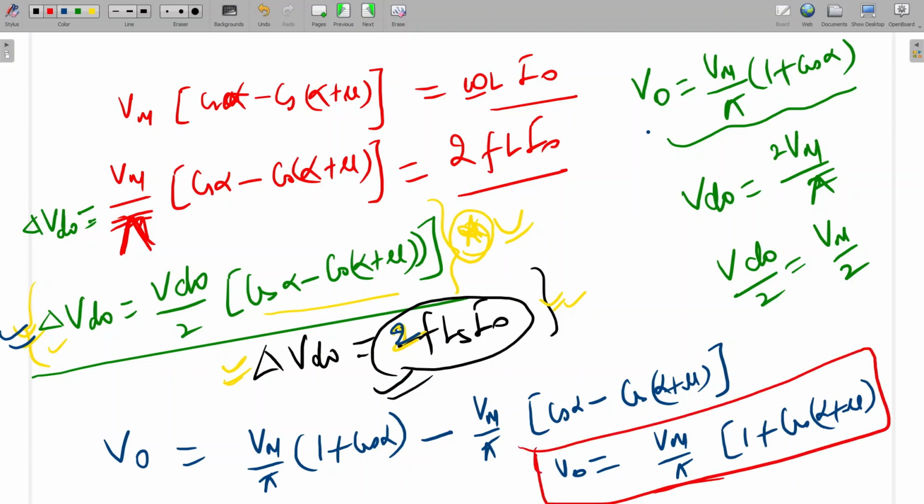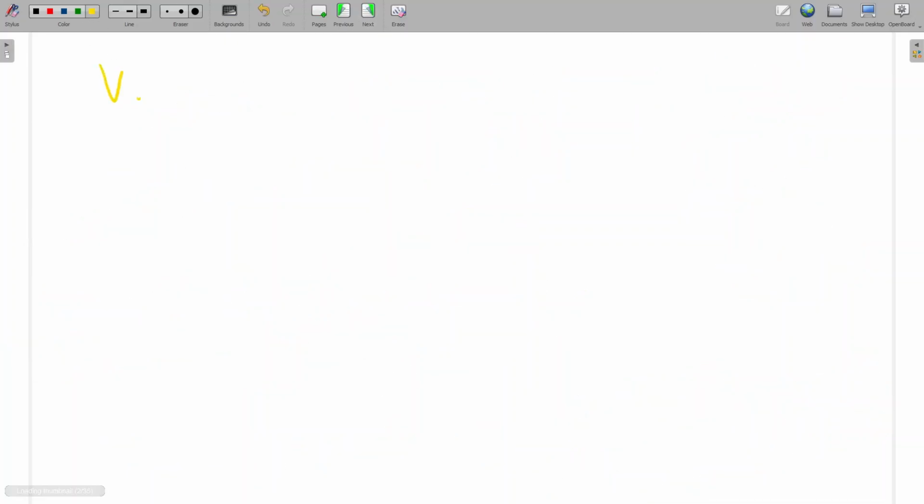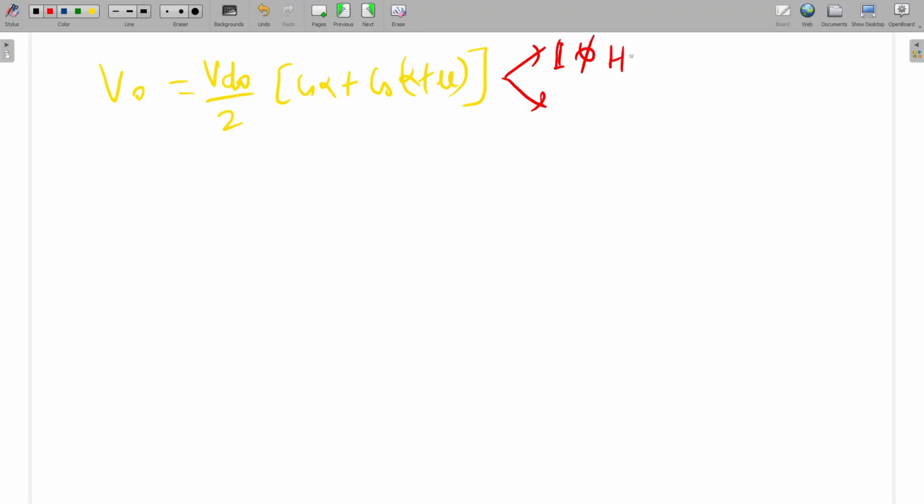To avoid confusion, how can we memorize? We should memorize this formula only. And for the exception, for output voltage, the formula Vo equal to Vd0 upon 2 into 1 plus cos alpha plus mu is valid only for the single phase half wave rectifier.